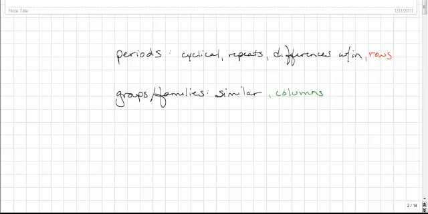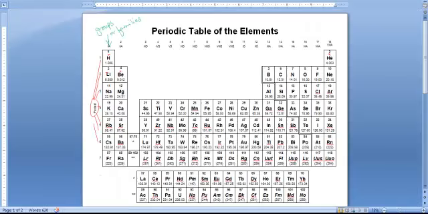Another way we can talk about the periodic table is to talk about different types of elements, and different sections of the periodic table. So one way we talk about different big sections of the periodic table is based on kind of peaks and valleys, okay?